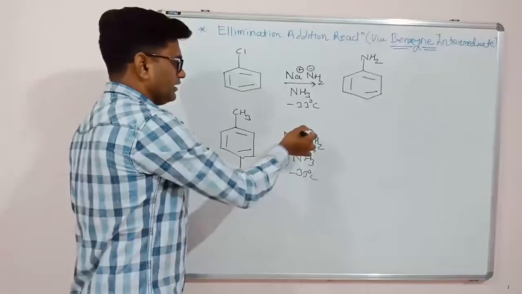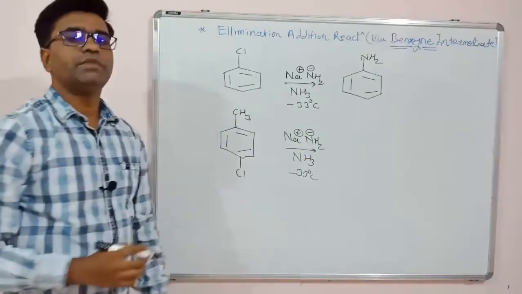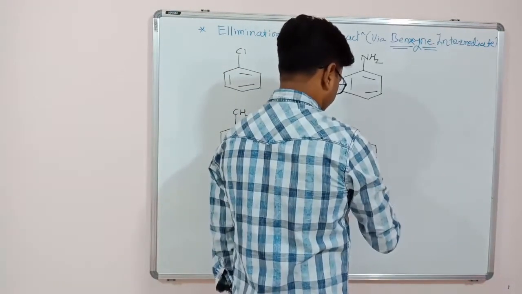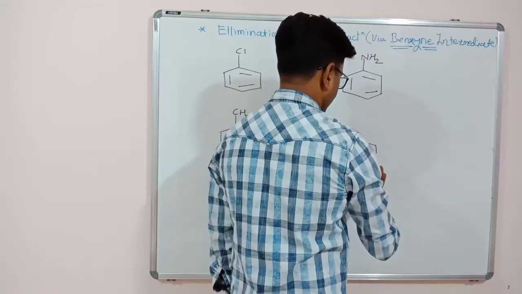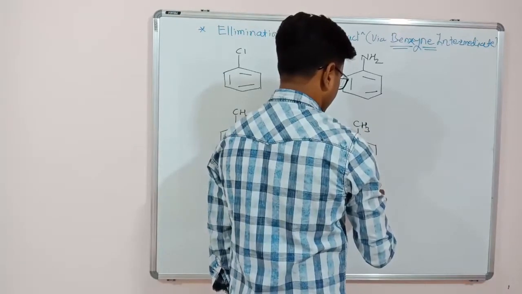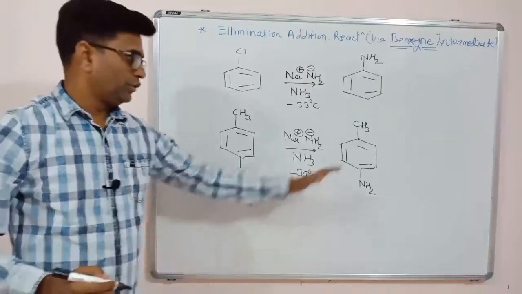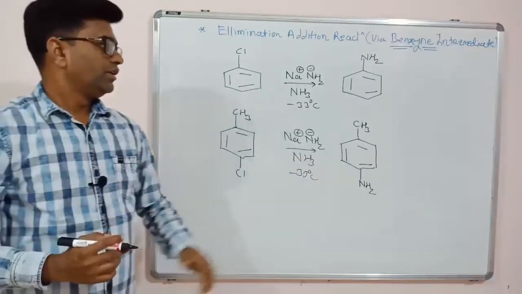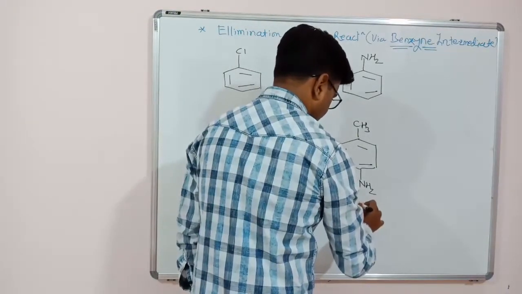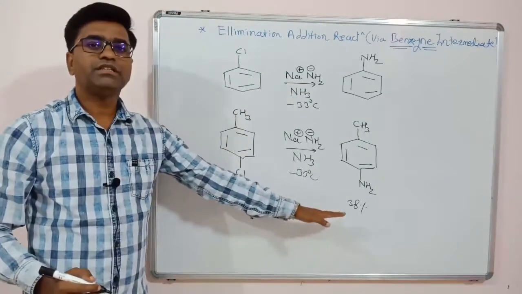As expected, NH2- will attack the para position, at the chlorine atom, and Cl- will leave. We get the substitution product, CH3 and NH2 at the para position, that is para-amino-toluene. But this is obtained as only 38%.